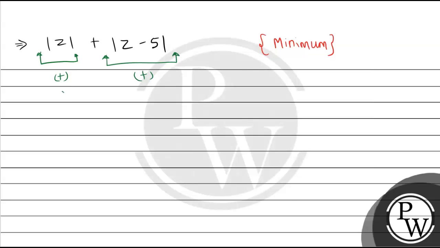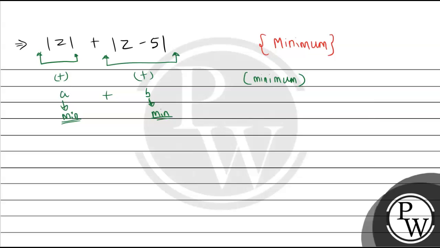Let's say this is a positive value a and this is a positive value b. If you want to find the minimum of this, it means the minimum of a plus b. So we have to make sure that a is minimum and b is also minimum. With the help of this understanding, we can try to find the minimum of this summation.